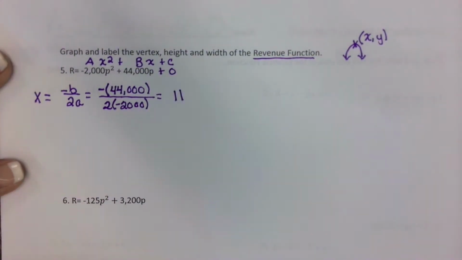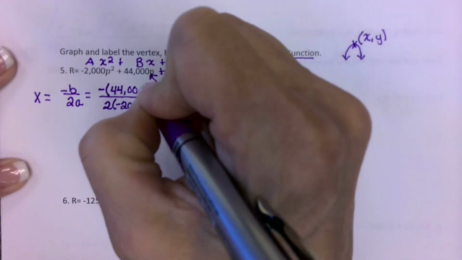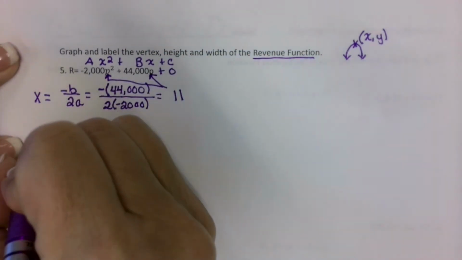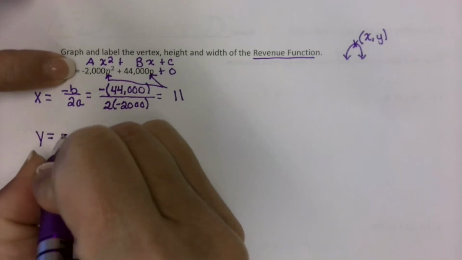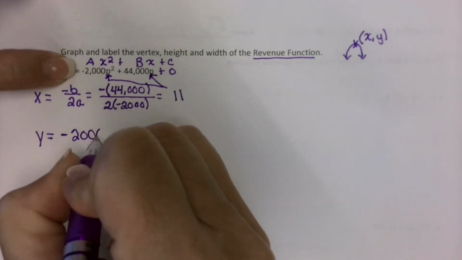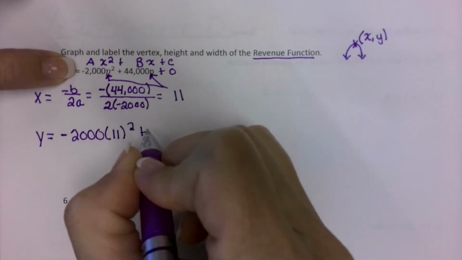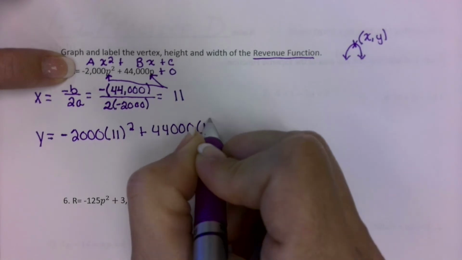Now, once you have your x, you can go ahead and plug that in. And we have y equals negative 2,000 times 11 squared, plus 44,000 times 11.